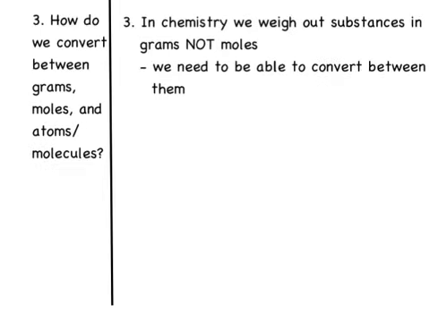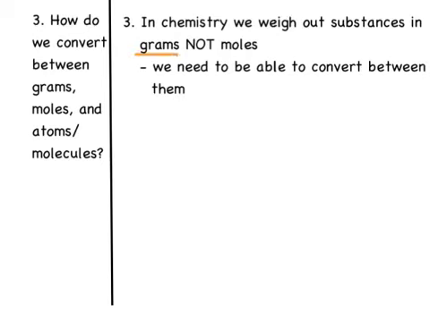Our last question of these notes deals with converting between grams, moles, and atoms or molecules. Because in chemistry, when we do chemical reactions, we write them out, and we'll see that the coefficients are actually going to tell us the number of moles that are taking place in the chemical reaction. However, if you take a look at the scale, the scale doesn't measure in moles.